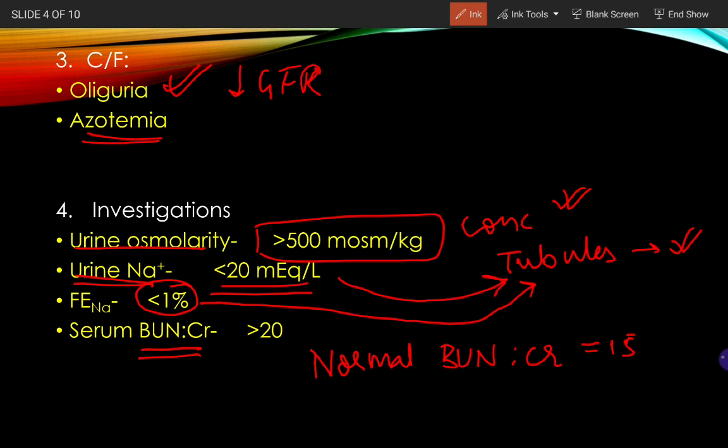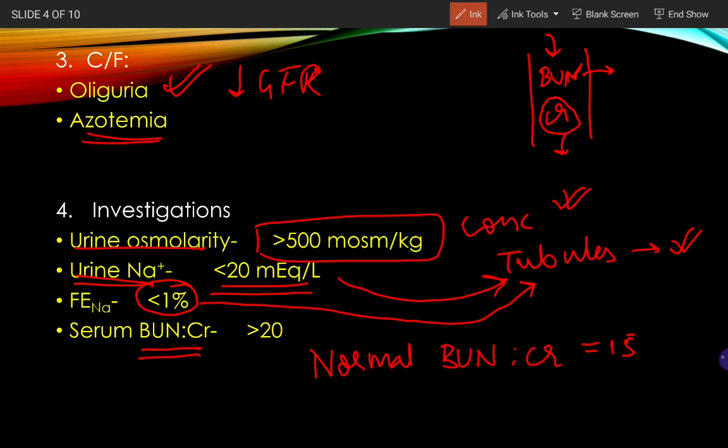The reason is that, assume this is your tubule and the filtered load through the glomerular filtrate comes in, which contains BUN as well as creatinine. This goes out for excretion. But what happens is that creatinine is freely excreted, whereas some part of your BUN is reabsorbed.